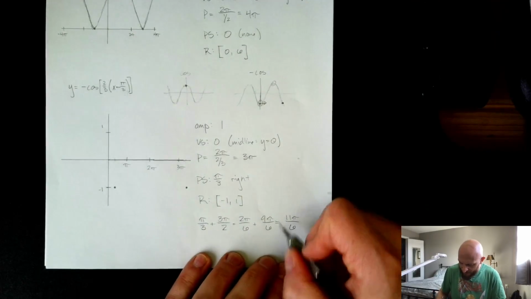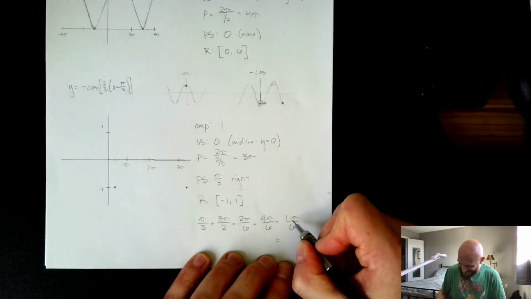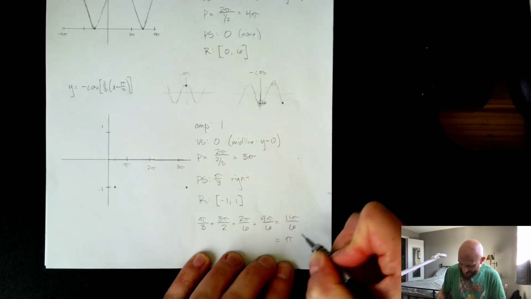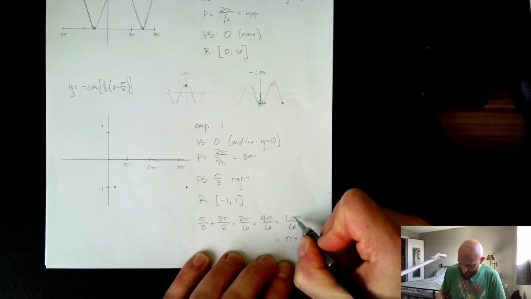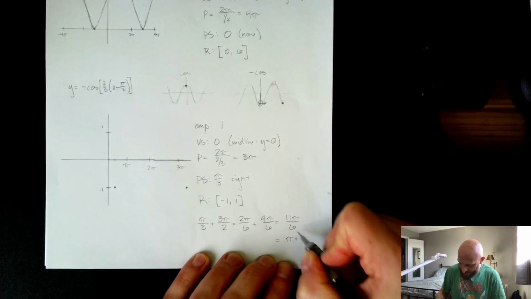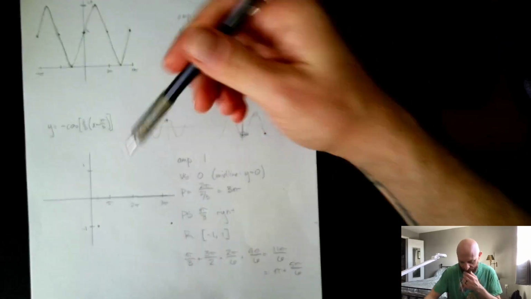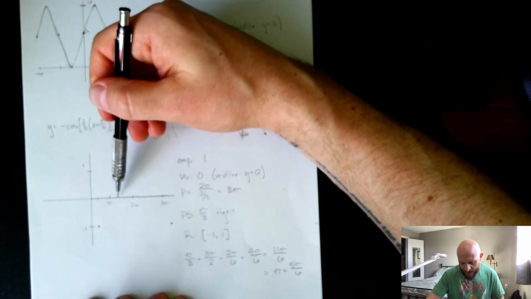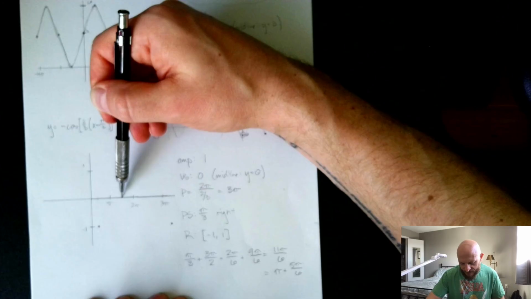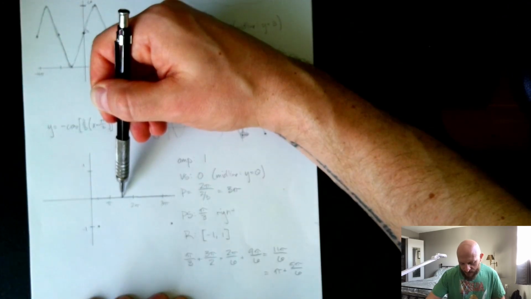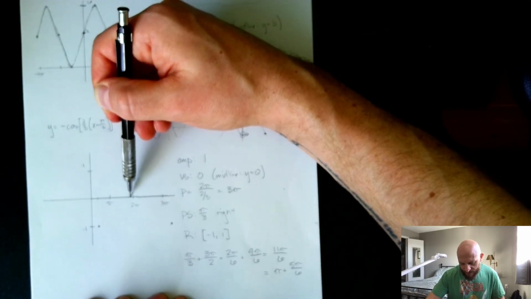So 11 pi over 6 is pi plus 5 pi over 6. Okay, I'm just going to have to estimate that. Here's pi. 5 pi over 6 would be, well, here would be 2 pi over 3, so 5 pi over 6 is right here.